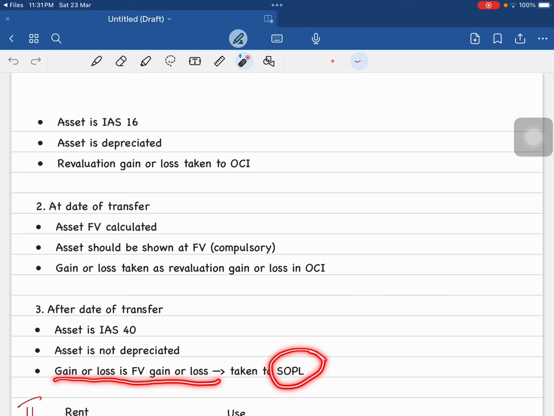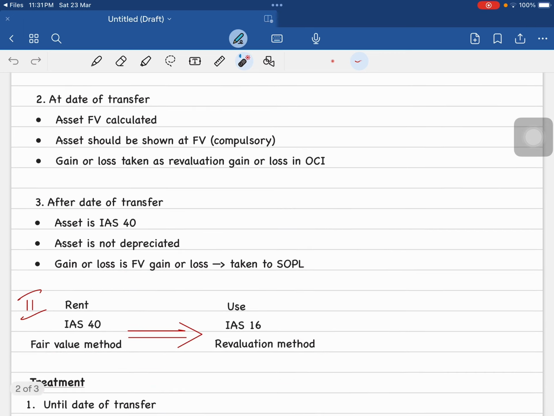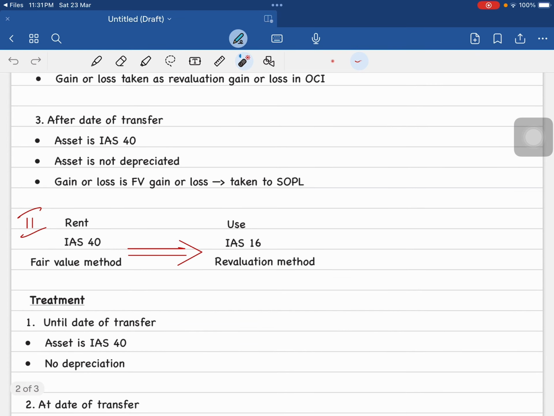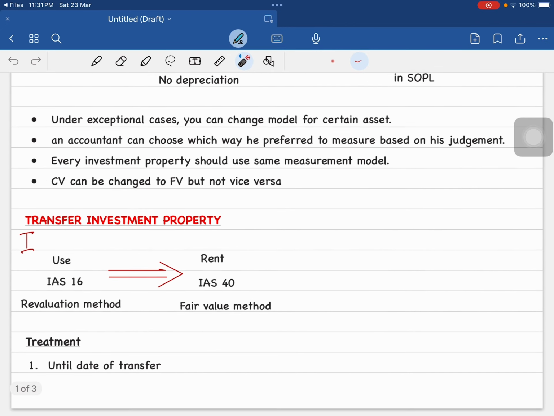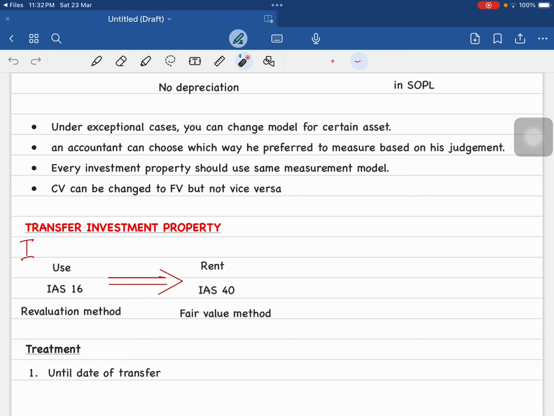It is treated in SOPL. Now the second situation is where you have been renting out a property, that is IAS 40, and you have decided that you're going to use it, that is, change it into IAS 16. Something I forgot to mention is that IAS 16 is measured under the revaluation method, and IAS 40 is measured under the fair value method.